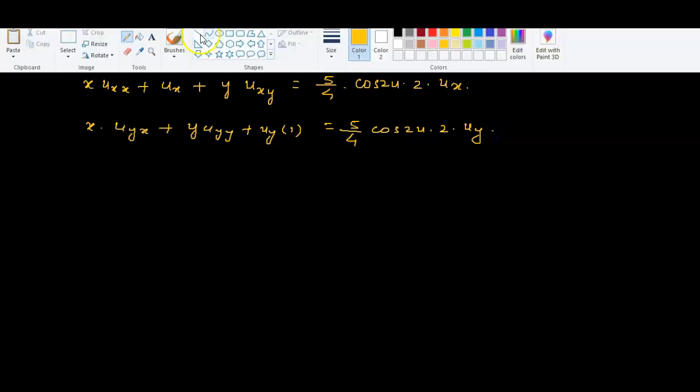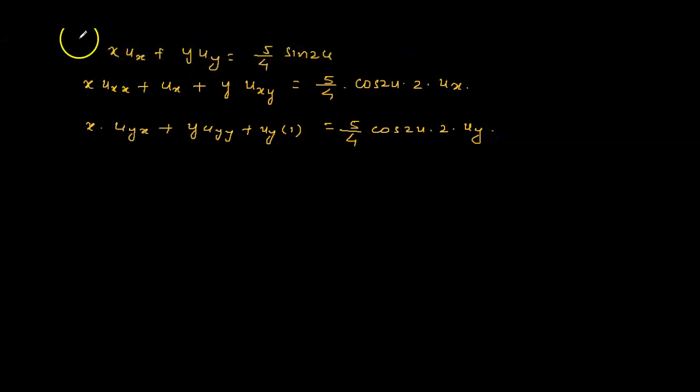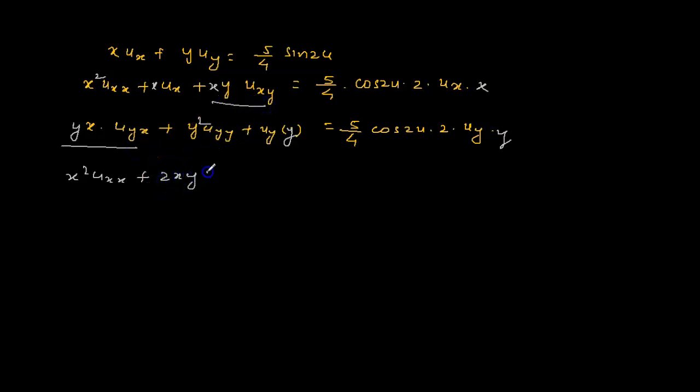Now if you add this one with this one, first multiplying by x, this becomes x square u of xx, and this becomes x into u of x and y. Here, multiplying by y and y, we can write x square u of xx plus 2xy u of x and y plus y square u of yy.